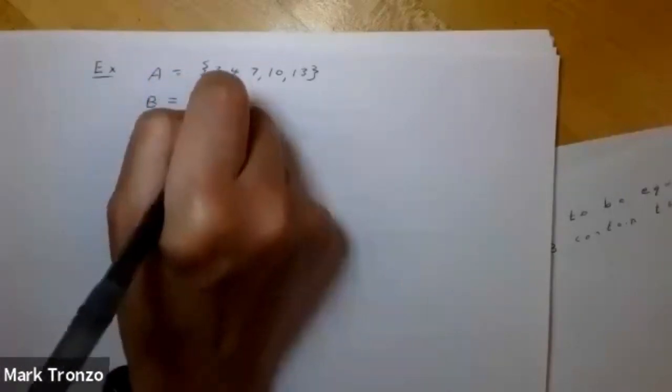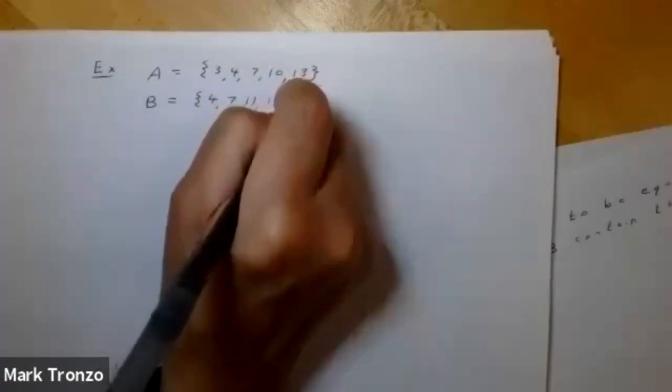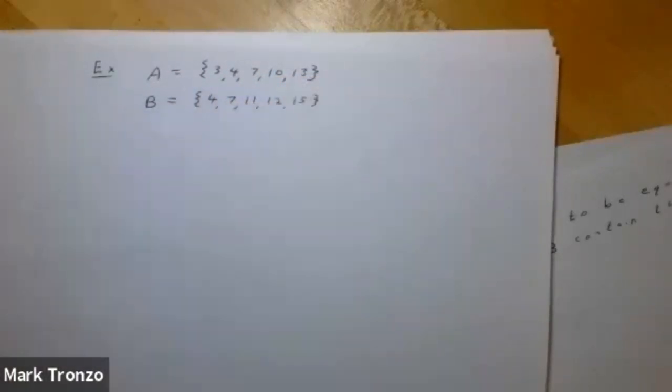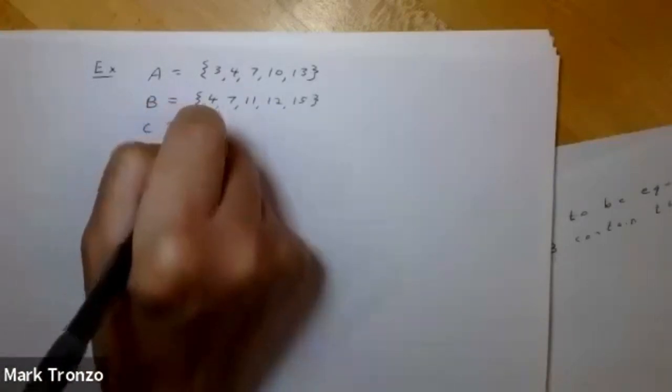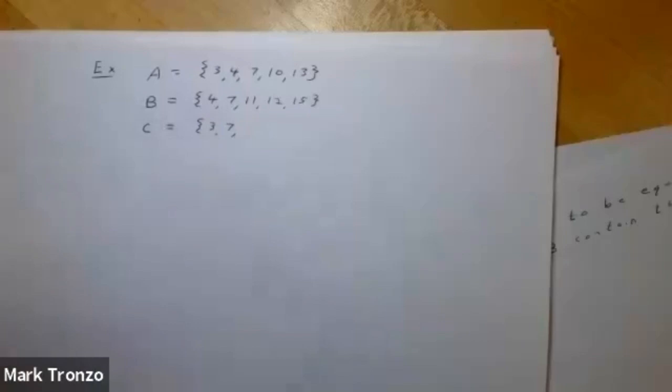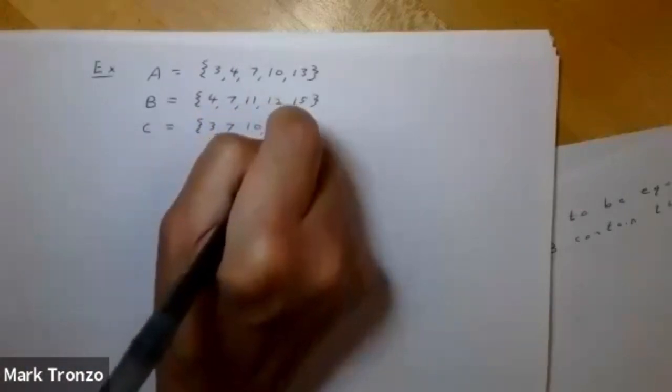B is 4, 7, 11, 12, 15. And C is 3, 7, 10, 11.